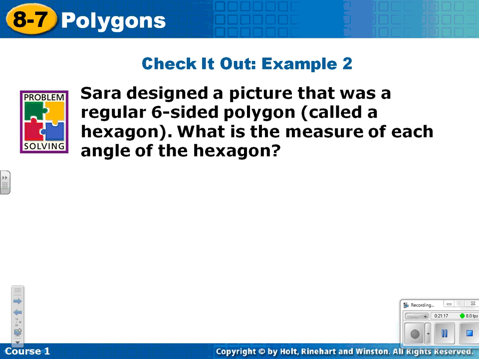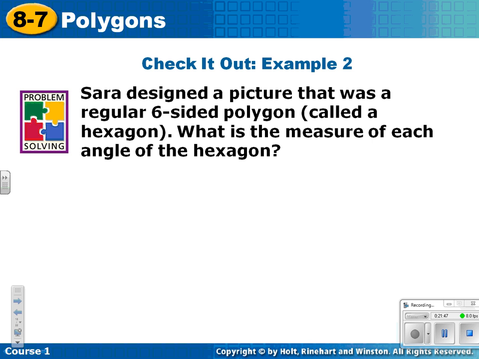It said, Sarah designed a picture that was a regular 6-sided polygon, okay, called a hexagon. What is the measure of each angle? So we know that each one of the angles of this hexagon are the same. Once we find one, we found them all because it's regular. How many angles are there in a hexagon? Lacey? 6.